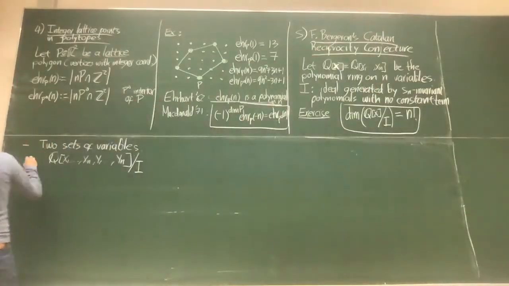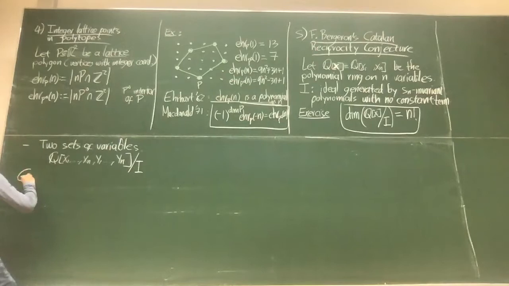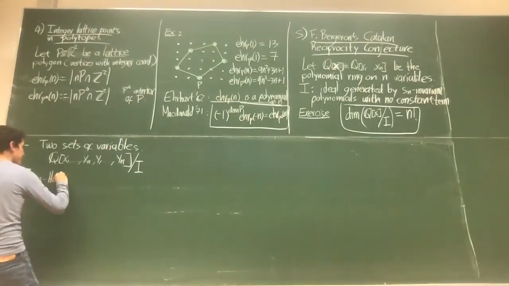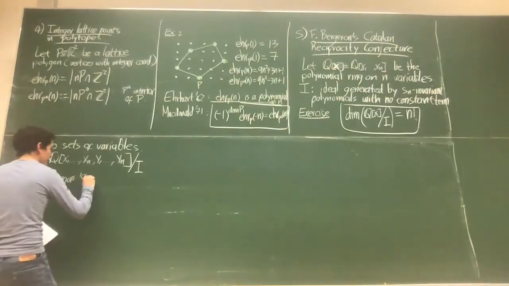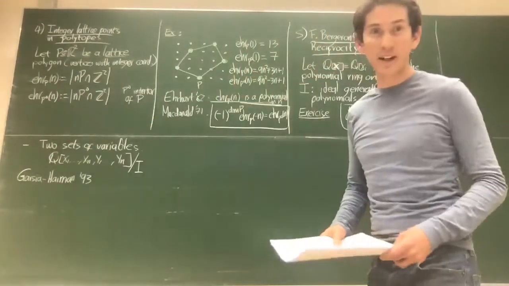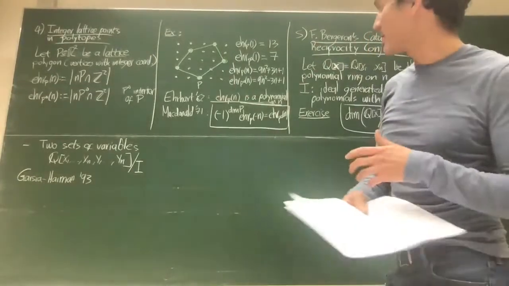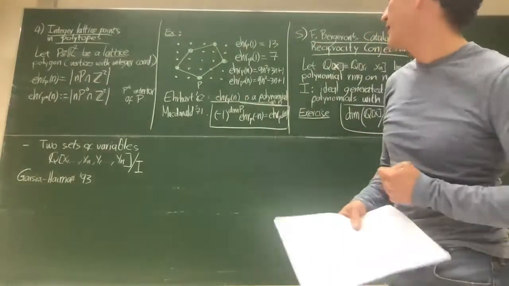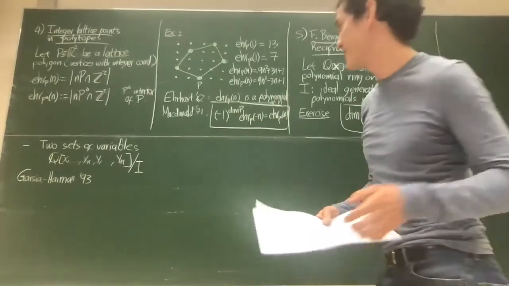And let me call this, let me write it like this. So Garcia and Haiman in 93 started computing the dimensions of these spaces. So it turns out to be also a finite dimensional space. And using computer computations, they realized that the dimension of these spaces is really nice.